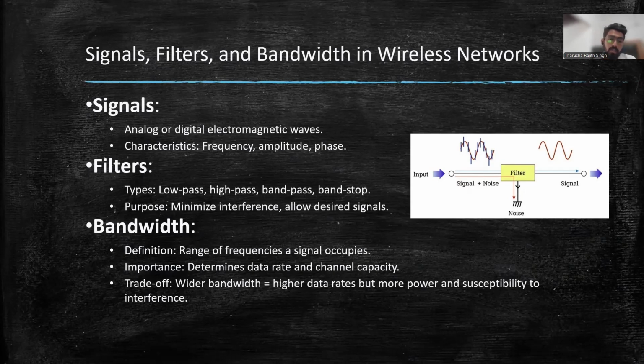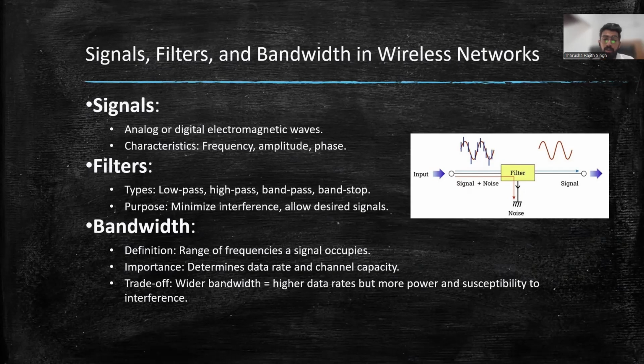Filters. Filters play a crucial role in wireless communication by allowing specific frequency components of a signal to pass while attenuating others. This is essential for minimizing interference and ensuring that only the desired signals are processed.